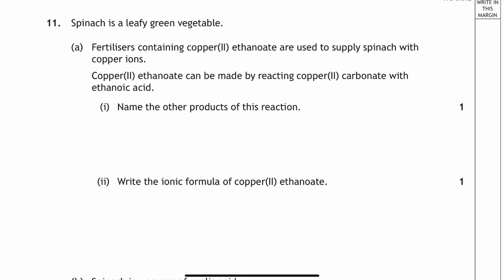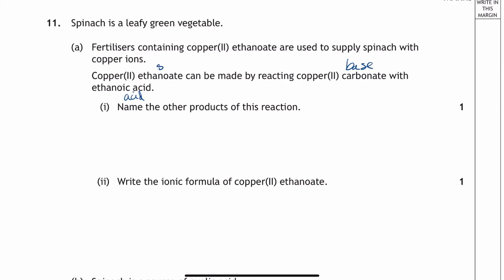Then fertilizers containing copper 2 ethanoate are used to supply spinach with copper ions. Copper 2 ethanoate can be made by reacting copper carbonate with ethanoic acid. Name the other product of this reaction. So copper carbonate is a base. Ethanoic acid is an acid. So this means it's a neutralization reaction.